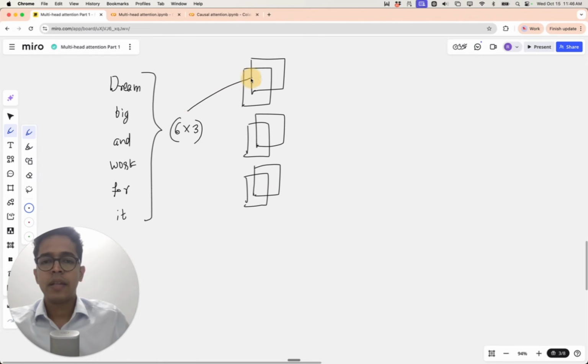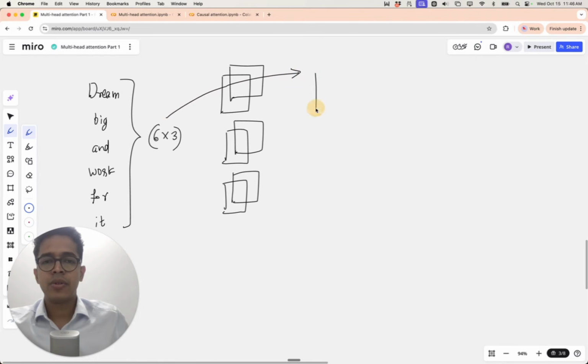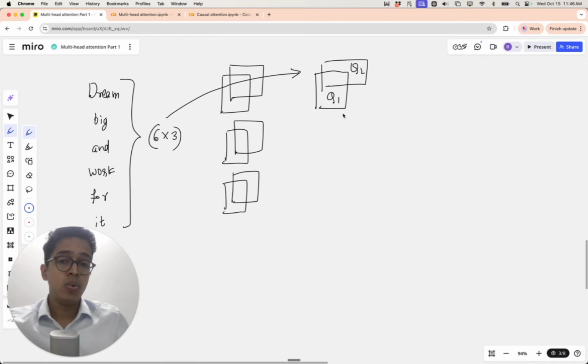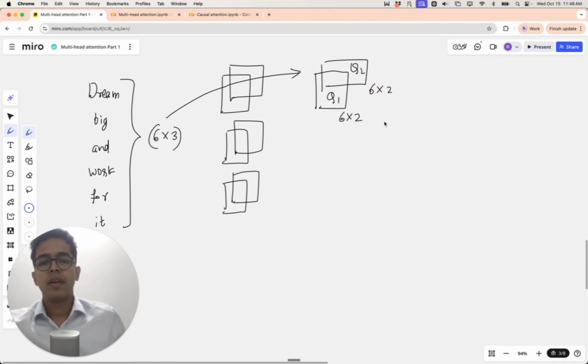This matrix passes through them to produce two queries, Q1 and Q2. The dimensionality of the query space is 2, so this will be 6 by 2, and this will also be 6 by 2. If you want to produce 6 by 2 from 6 by 3, this should be 3 by 2. So this is WQ1, this is WQ2, and these are Q1, Q2.